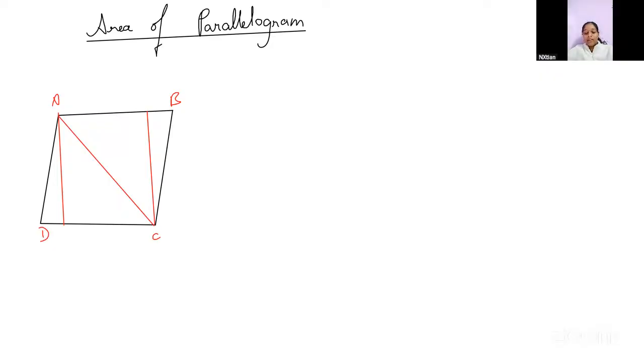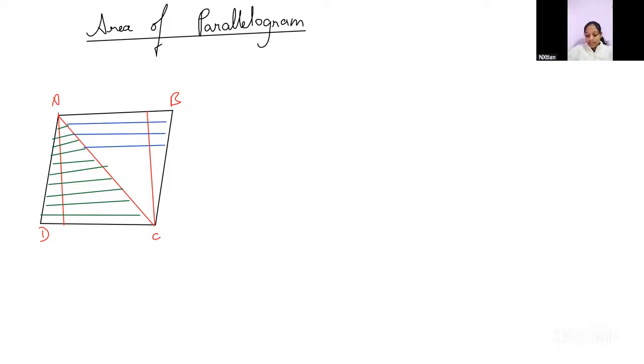I want you to look at it very carefully. This is triangle 1. This whole is triangle 1, and this one is triangle 2. Won't it be 4 triangles, ma'am?